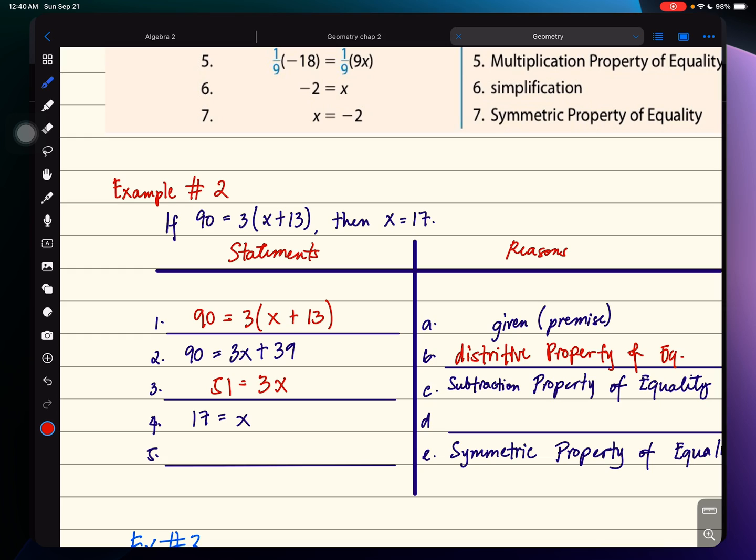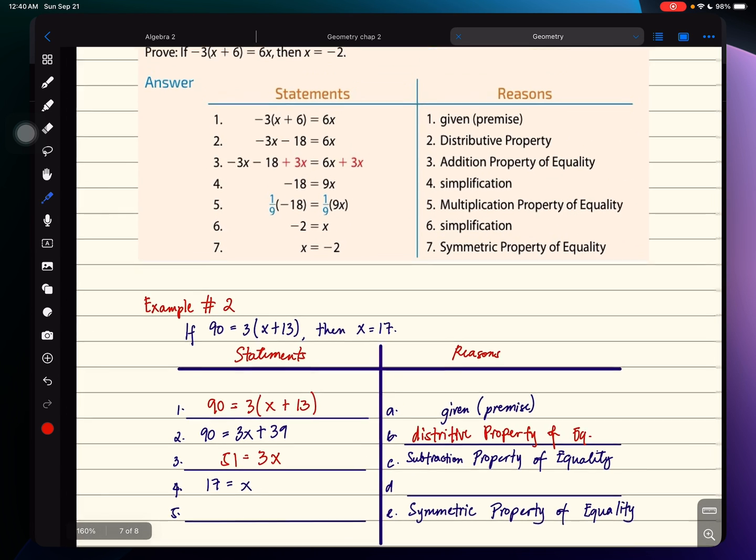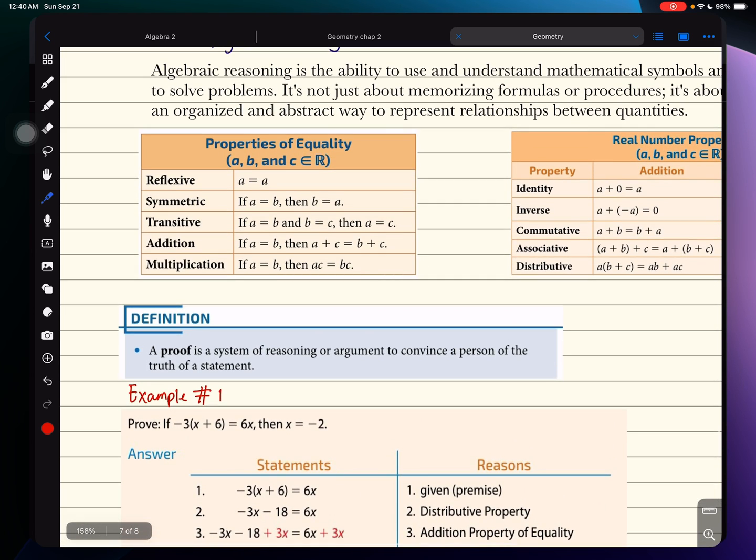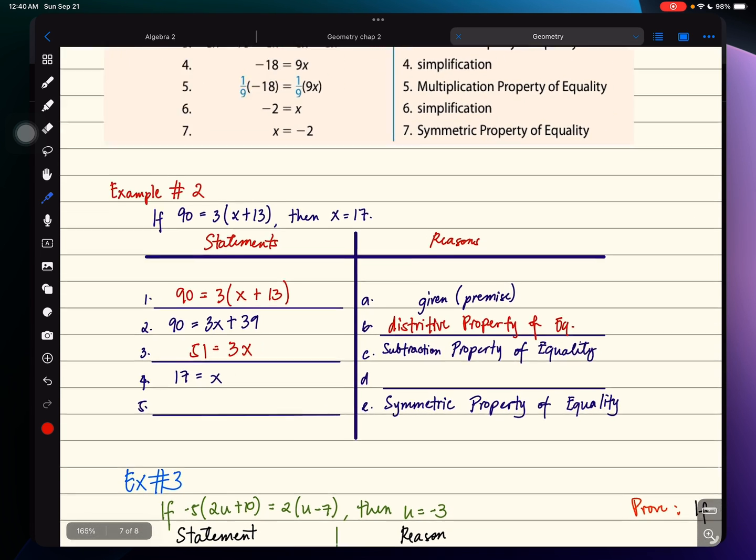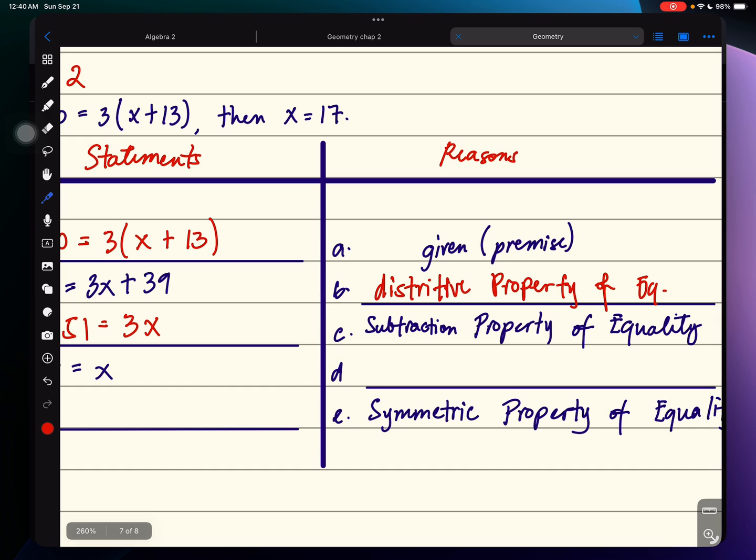What do you think will be the reason that statement number 4 comes up with this 17 equals x? Okay, we can use the multiplication property of equality, or we can simply use the division property of equality.